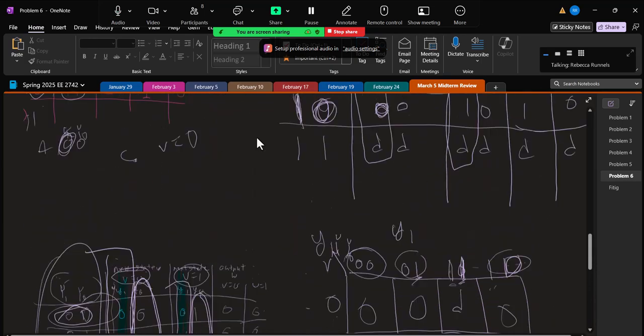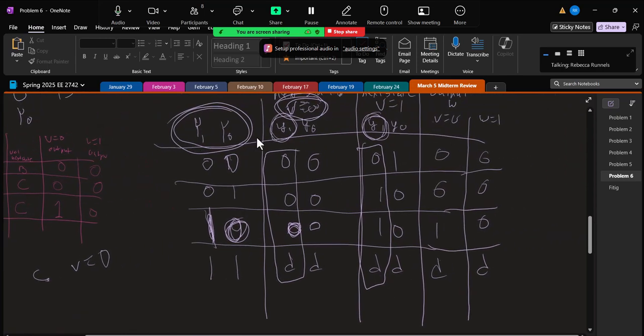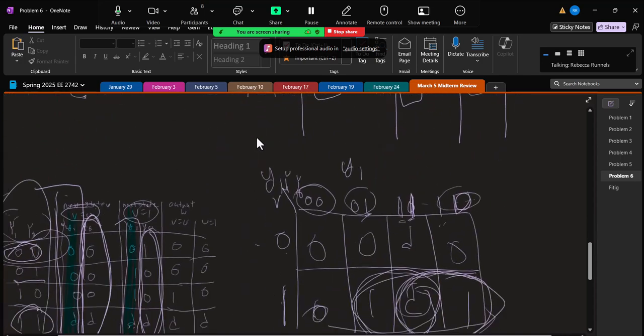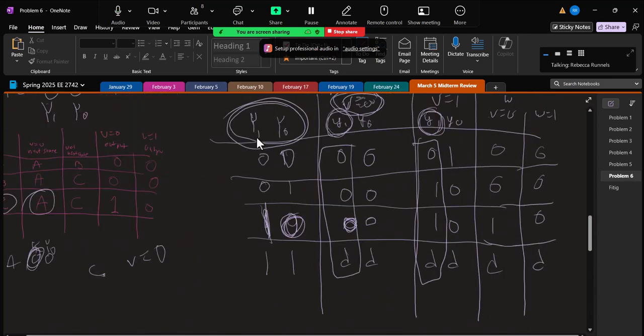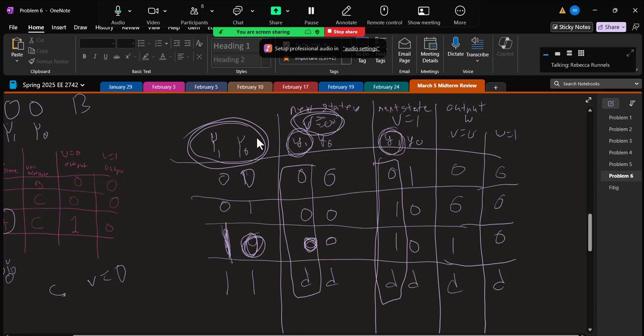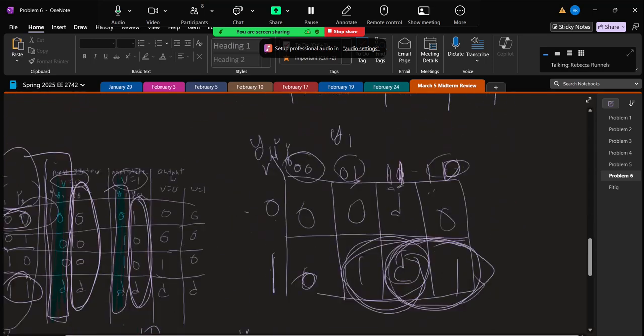So for V, if I recall, we had don't cares when y1, y0 were 1, 1. And we have a 1 at y1, y0 equals 1, 0 when V equals 0.